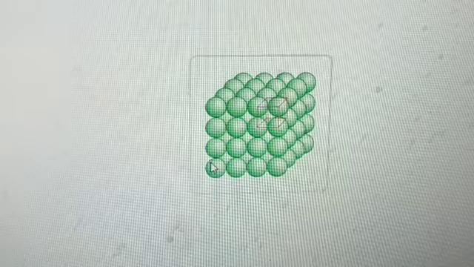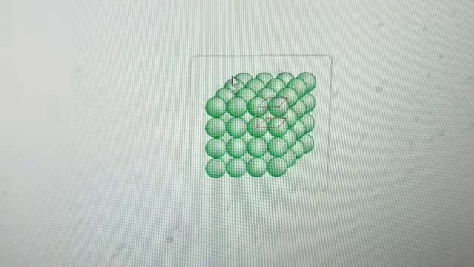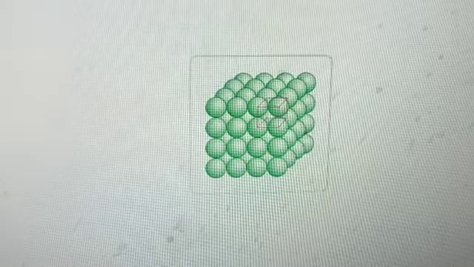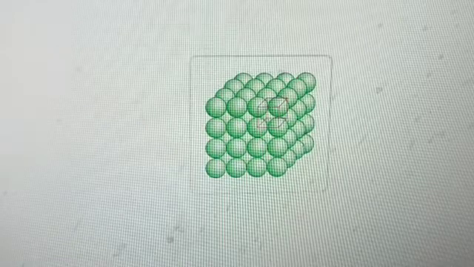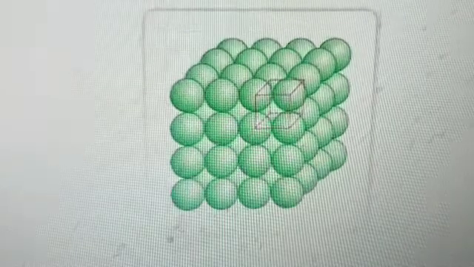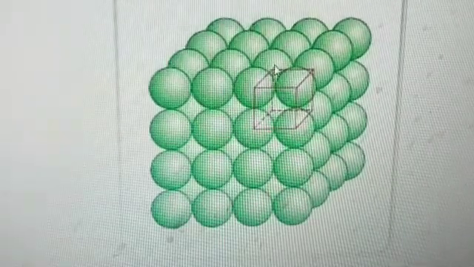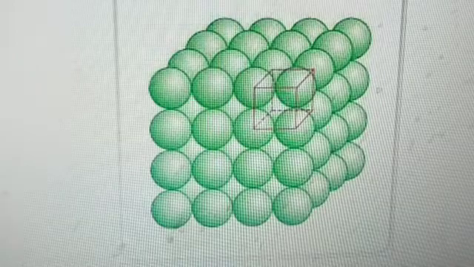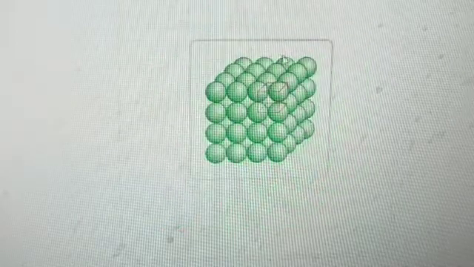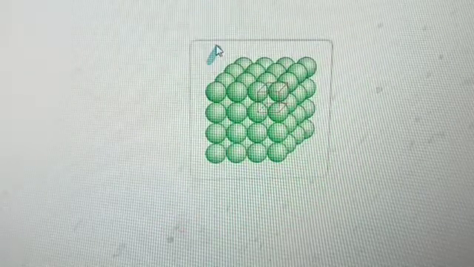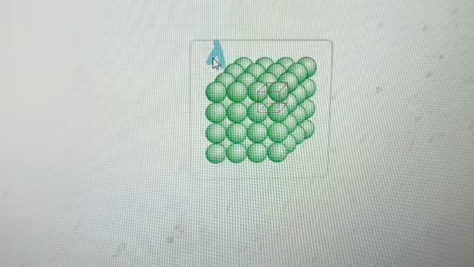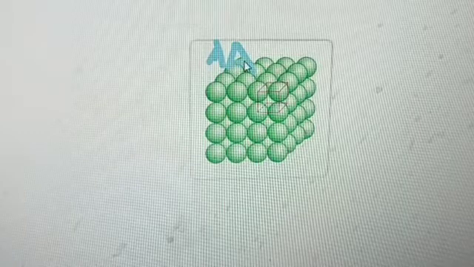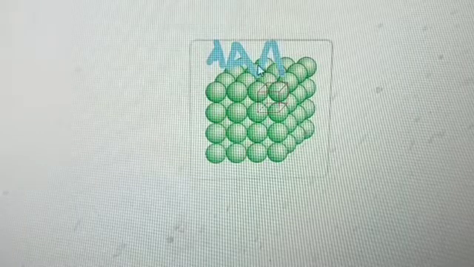So when these layers are exactly onto the other, like an AAA arrangement, in 2 dimensions we got an AA arrangement. Now here we can get a simple cubic structure, an A type of arrangement we can see.